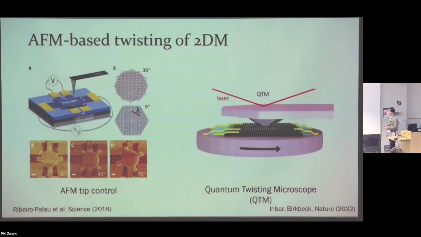You can do this as you change the twist angle, right? Just rotate the sample, and you can figure out the twist-dependent tunneling, which reveals information about the band structure of the underlying graphene.